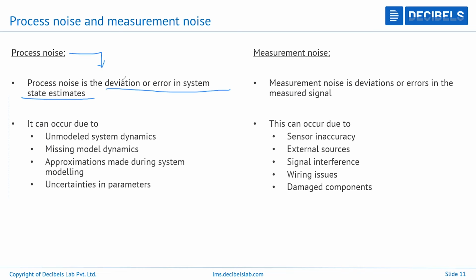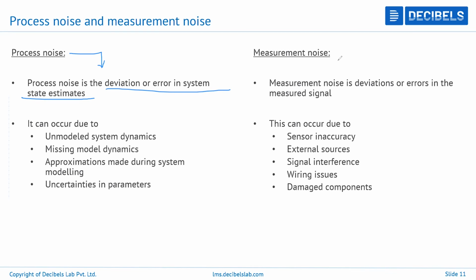So how much noise or unwanted interference is being generated in the system. For example, let's say we are considering a simple car, in which we are trying to estimate the velocity. How much deviation there is in estimating the velocity is given as process noise.